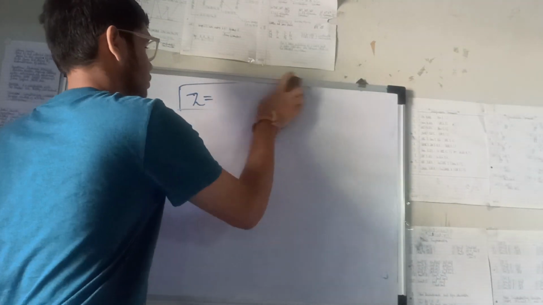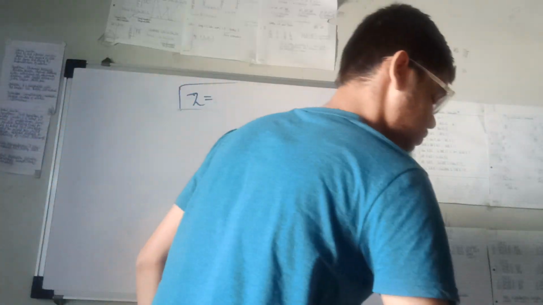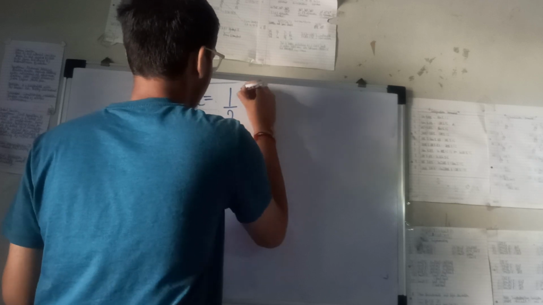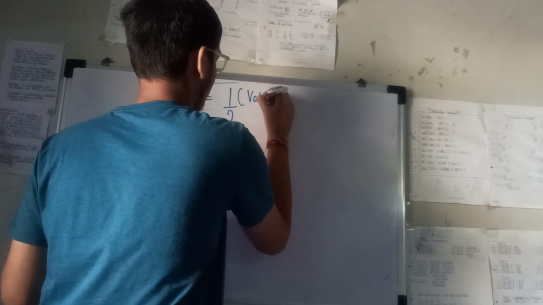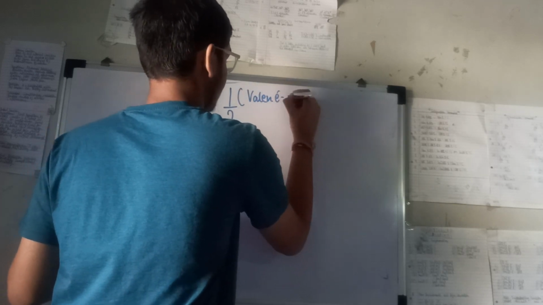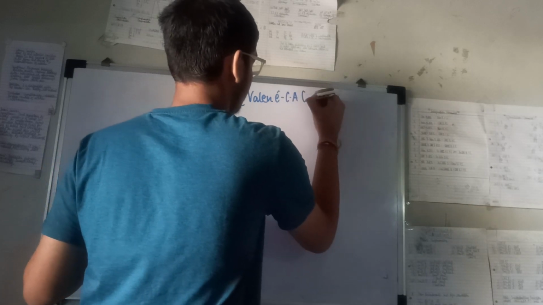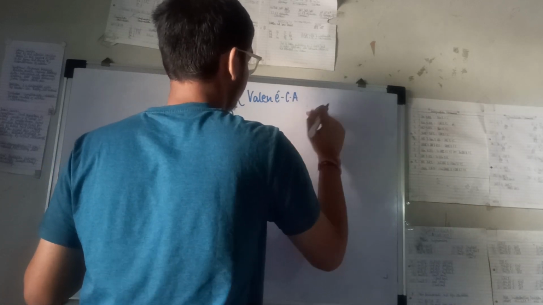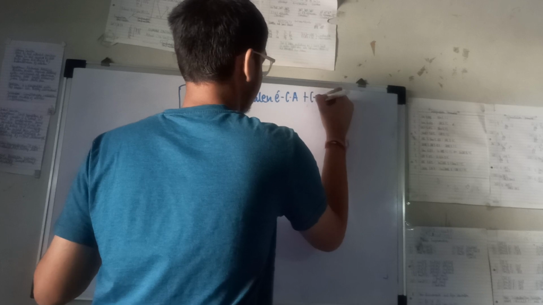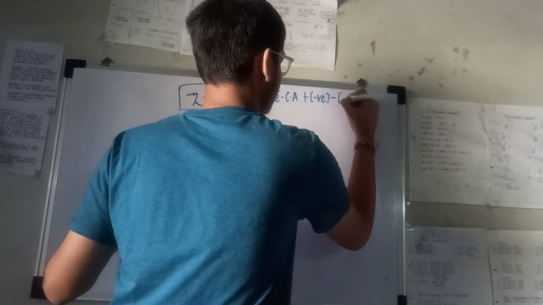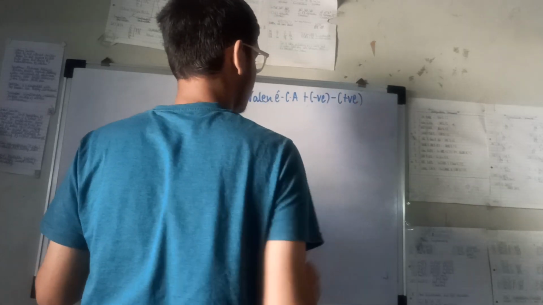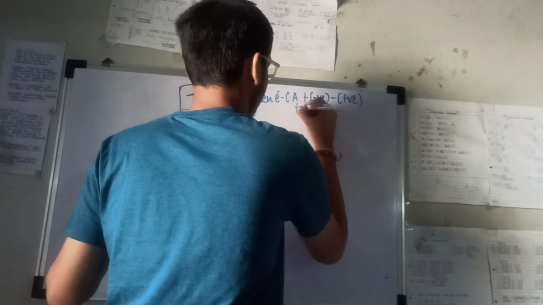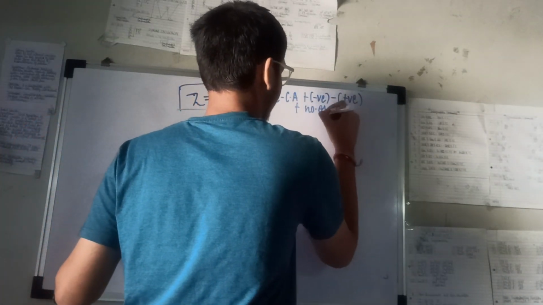Second method. Z is equal to half of the bracket: valence electrons on the central atom plus negative charge minus positive charge plus the number of monovalent atoms.